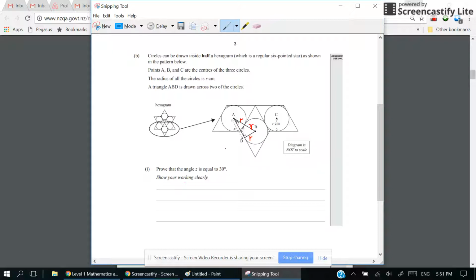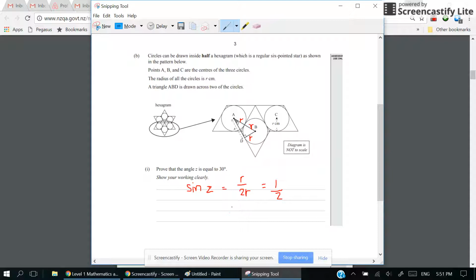Which trigonometry would you use for the opposite side and the hypotenuse, which is the side opposite the right angle? You can use sine. Sine Z is equal to the opposite side, which is r, divided by 2r, which is a half, isn't it?